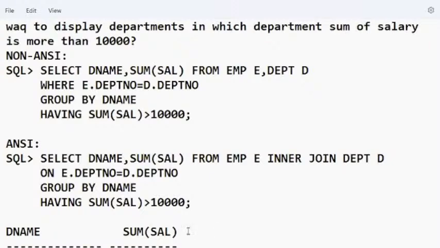Okay, right. So now this is what we call the equijoin examples.